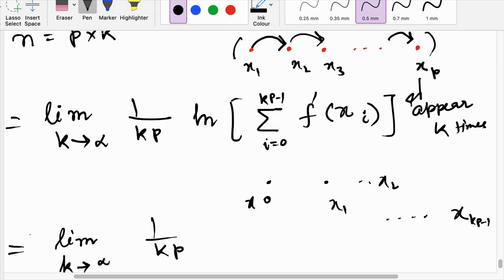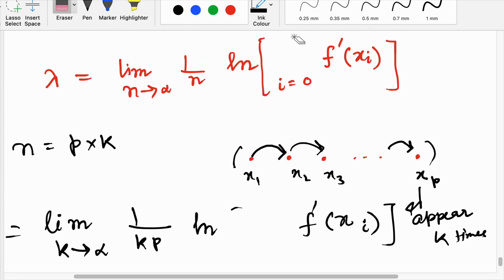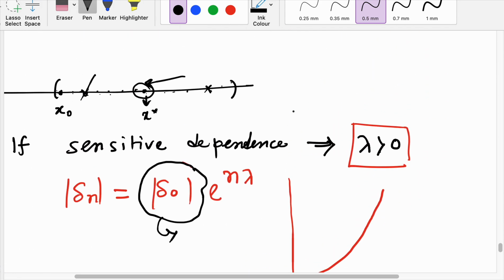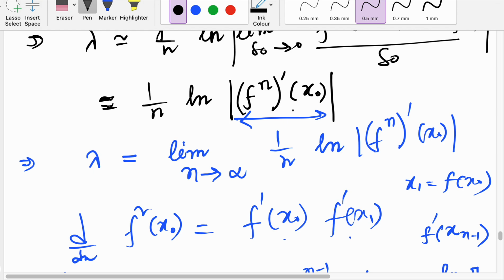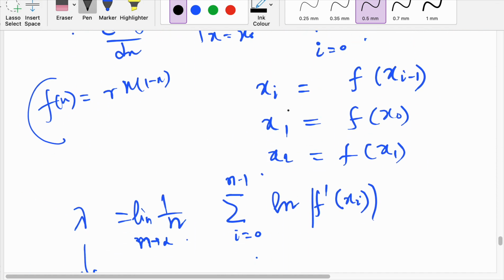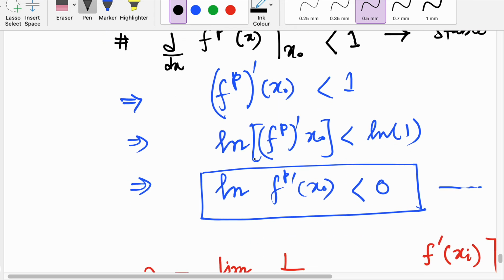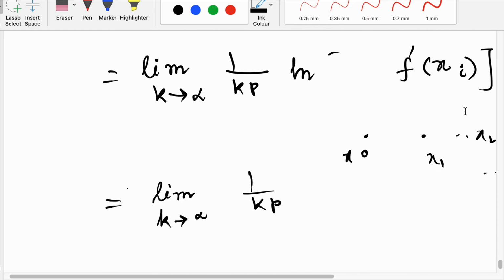So that's why we can take it out. But I think I am wrong here. This summation will not be inside. Previously I have written it wrong, maybe. The summation was outside the ln, so there was a mistake. The summation is actually i equal to 0 to n minus 1 of ln this.